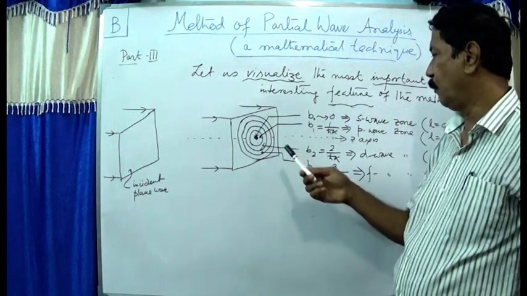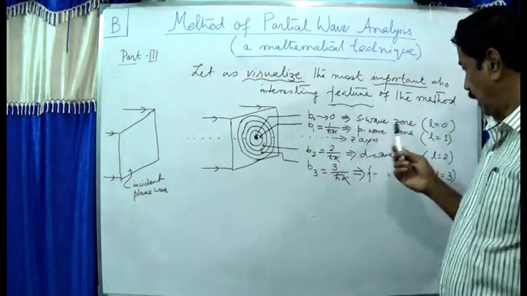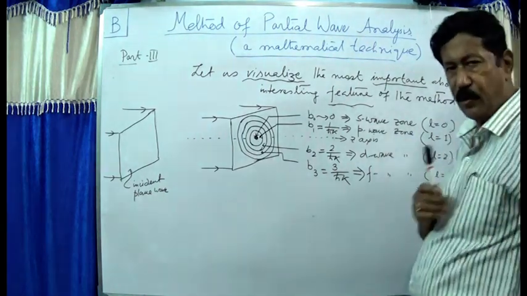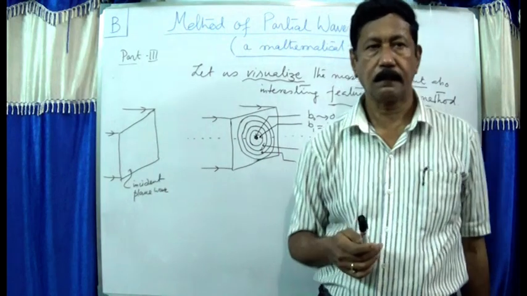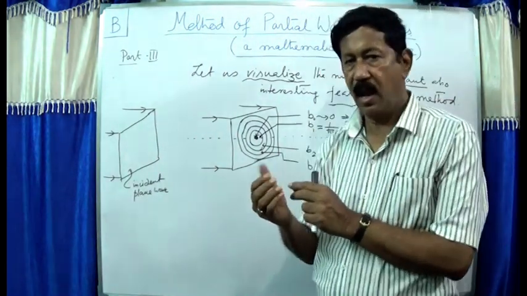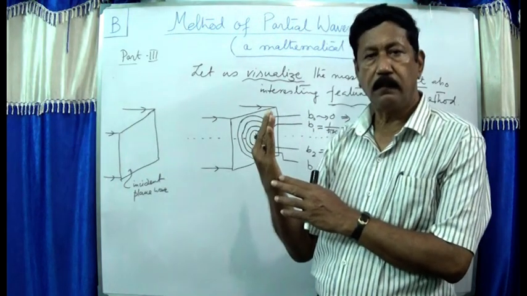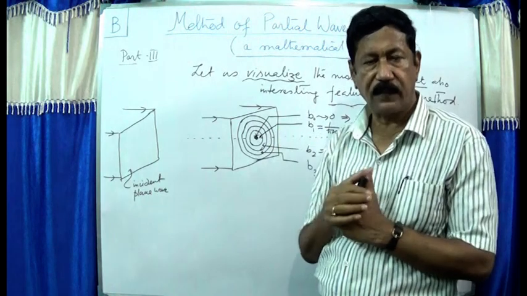That's why for such cases only the S wave is very important and sufficient to discuss. Now think, an incident planar wave has arrived at the position of the scatterer.